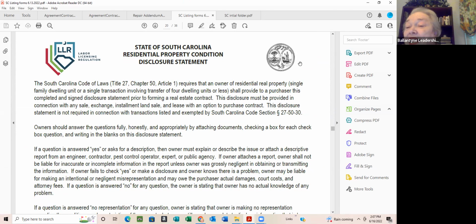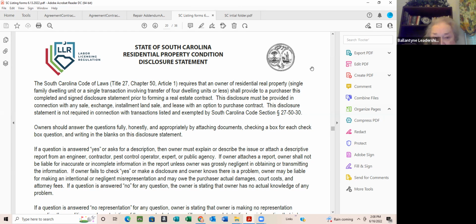That means any seller is supposed to use this form, whether they're for sale by owner, listed, unlisted, whatever. Everybody has a right to have that disclosure. So it's not controlled by the copyright rules of South Carolina Realtor forms.